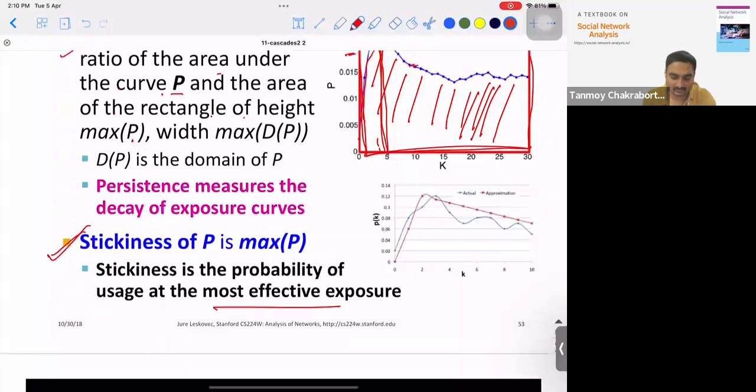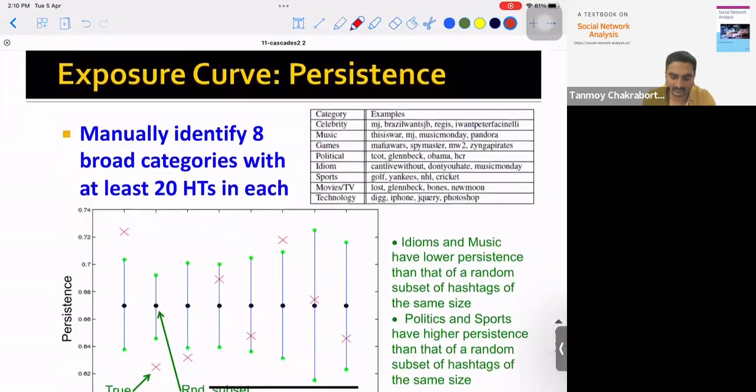Now let's look at the experiments. They have considered 8 categories, 8 topics: celebrity, music, game, political, idiom, sports, movies, and technology. They collected associated hashtags.